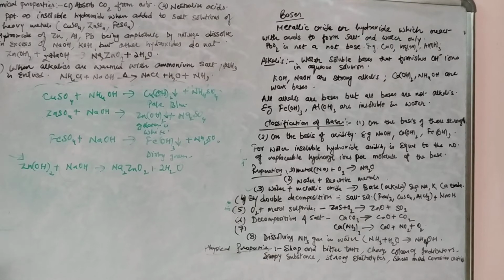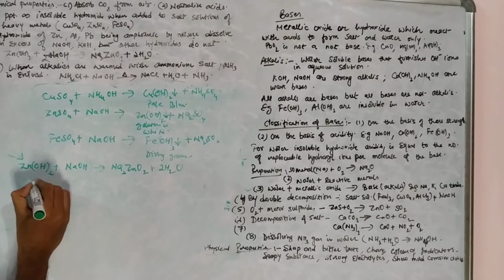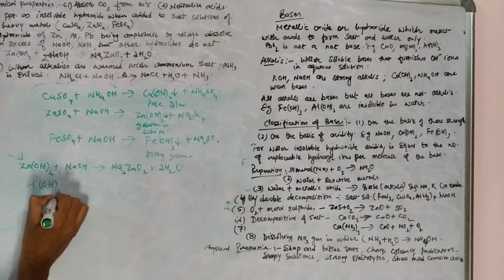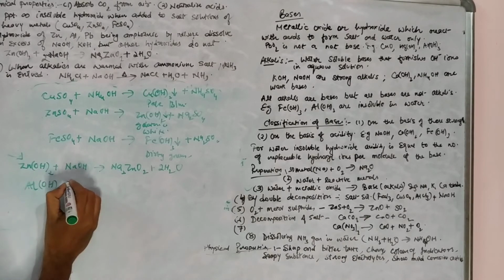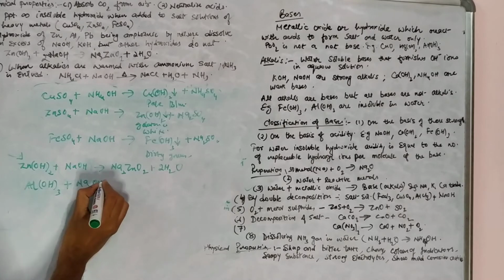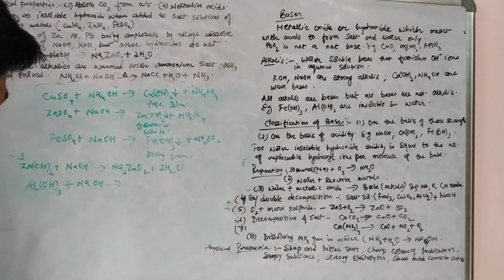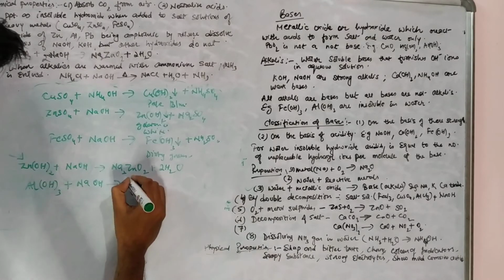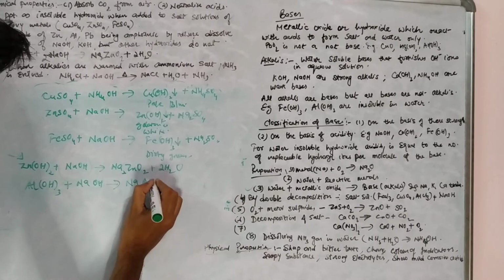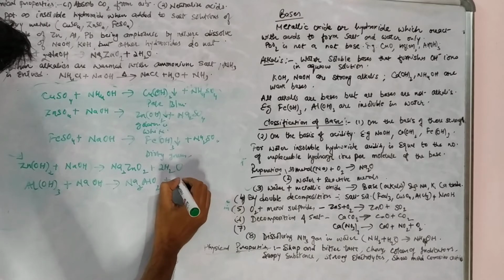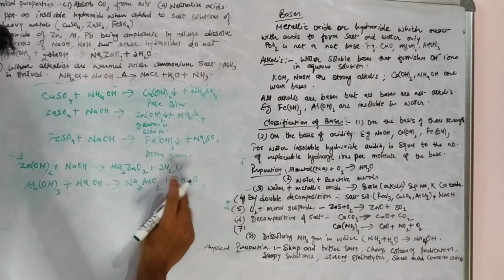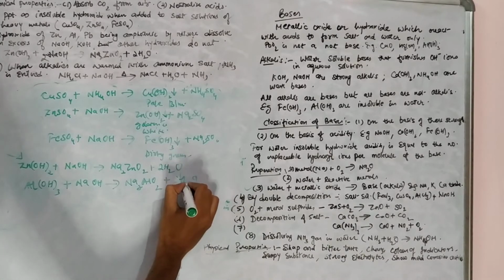And similarly aluminium hydroxide will also react with excess sodium hydroxide to give you sodium meta-aluminate, Na2AlO2, plus water.